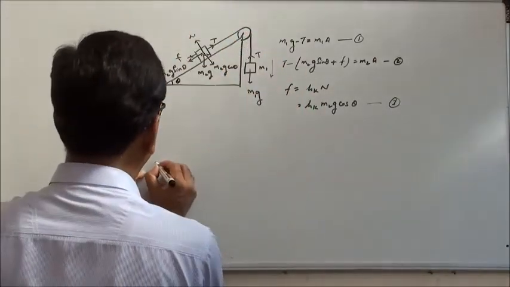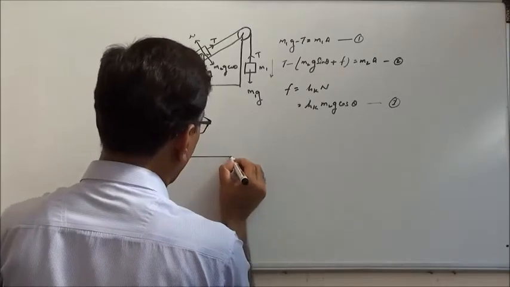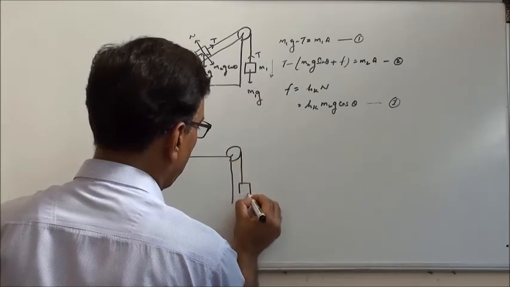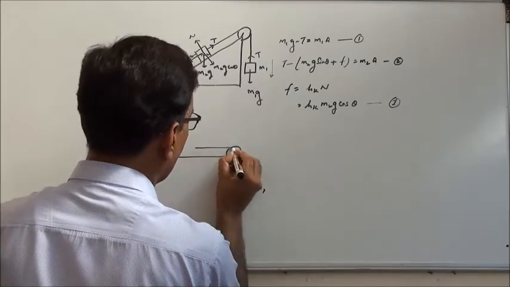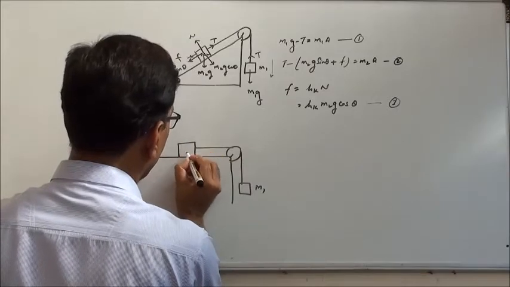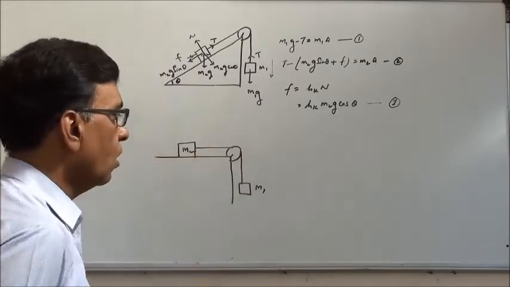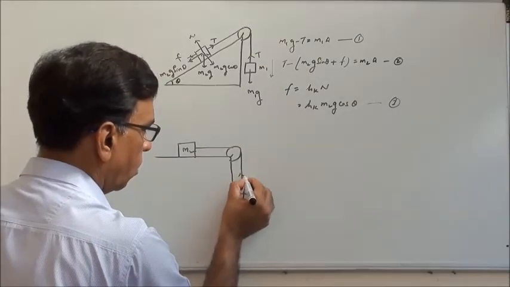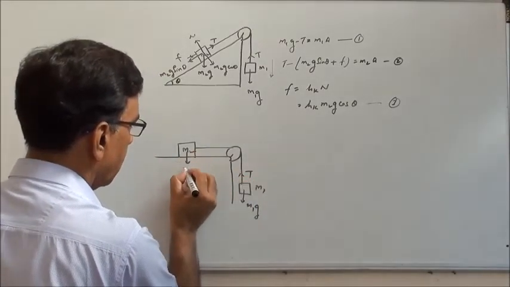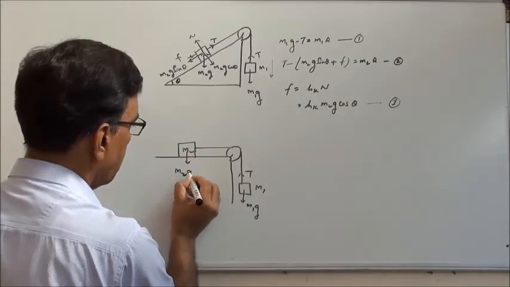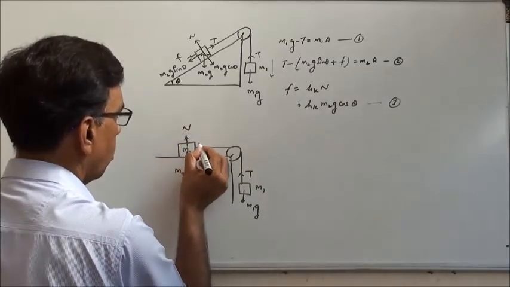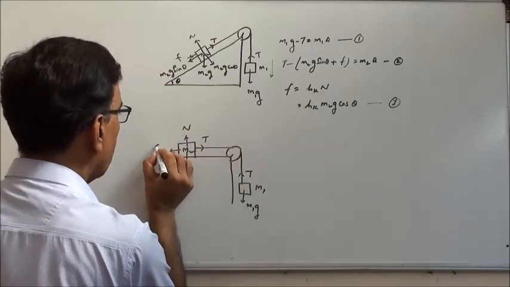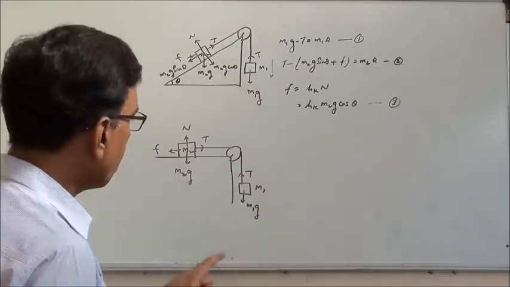You can take some more examples. Let us take again the example of a pulley and a block. In this case, M1G is down, tension is up for this. For this, M2G, normal reaction, tension, and if it is moving, then this is the friction.